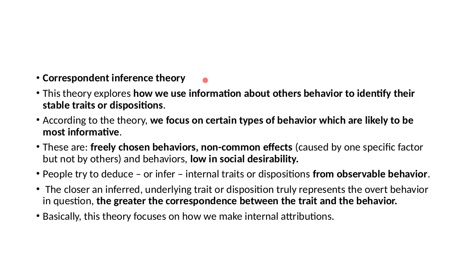The second theory is correspondent inference theory. This theory explores how we use information about others' behavior to identify their stable traits or dispositions, how we use others' behavior to identify their personalities.